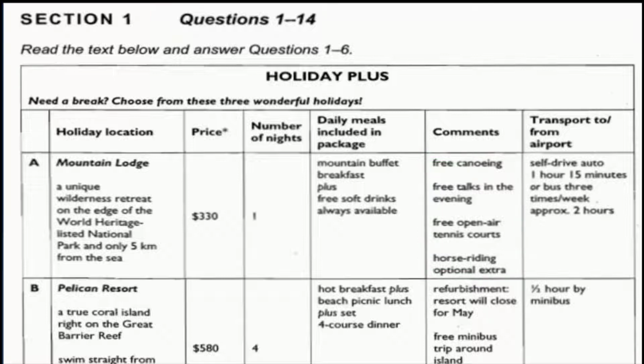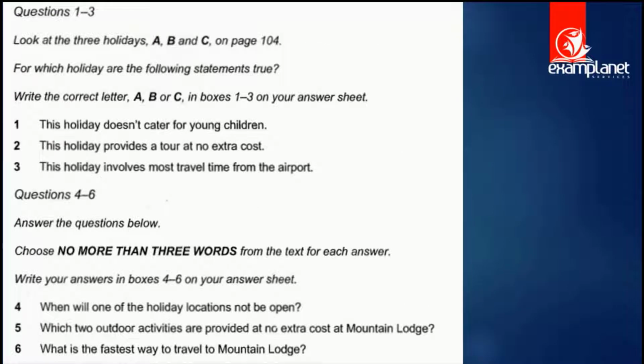So the answer would be tennis courts and free canoeing. But please note that the instruction for 4 to 6 is you shouldn't use more than 3 words. So how best should you actually answer that? You should write it by saying canoeing or tennis. Anything more than that will definitely be marked as wrong.